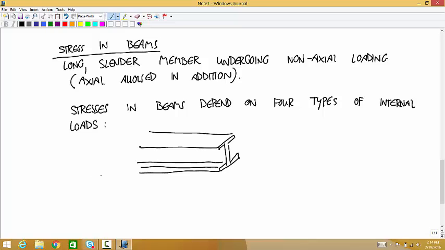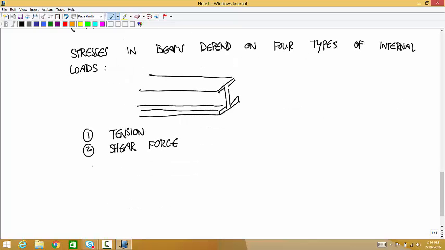the 4 types of internal loads that this depends on are tension, shear force, bending moment, and one that we didn't talk about in statics, torsion.